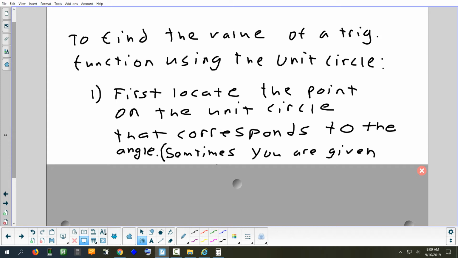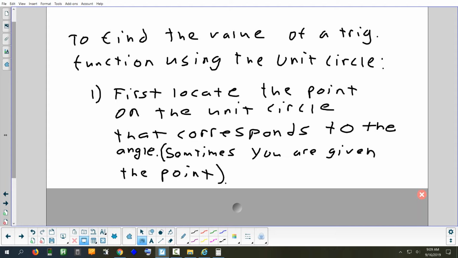Now, sometimes I will give you the coordinate. I'll do step 1 for you. If I do step 1 for you, you don't have to worry about it. You'll already have the coordinate. And the reason I might do step 1 for you today is because so far you guys can't work with very many coordinates.